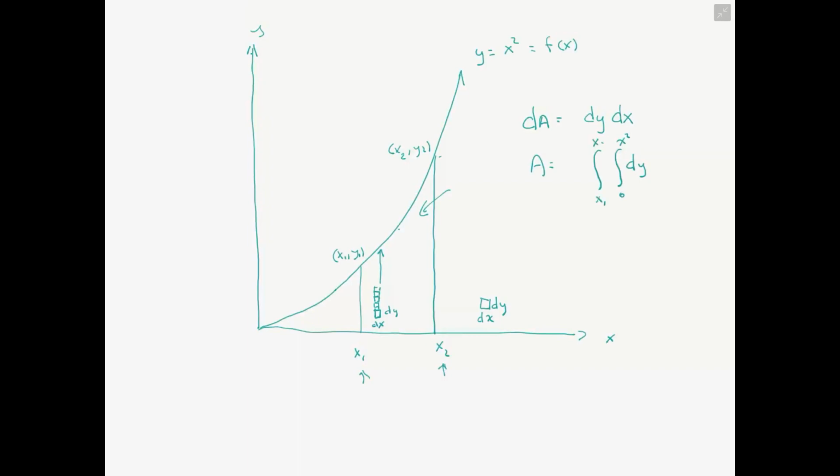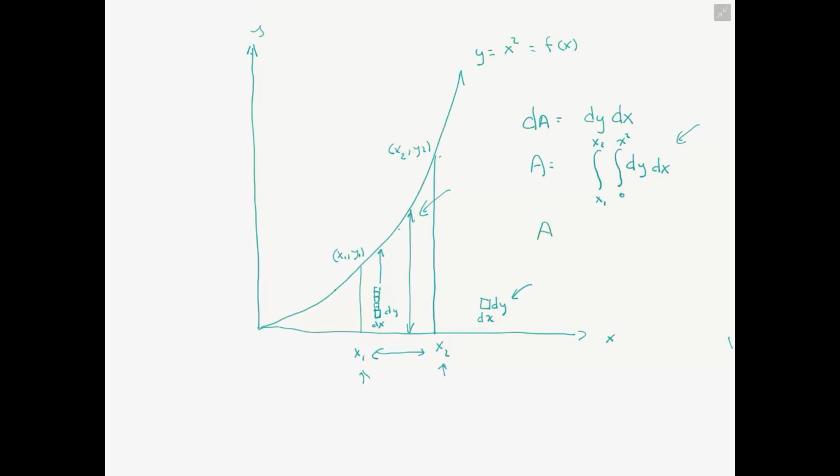In the x direction, we're going from x1 to x2 in the dx direction. So in the x direction, we're integrating between these 2 points here. And in the y direction, we're going from the x-axis to the curve. And that's basically all this is. We're finding the limits of integration, and we're summing up an infinite number of these differential areas.